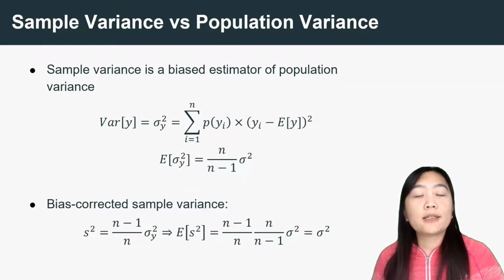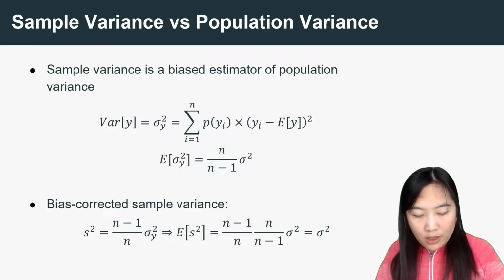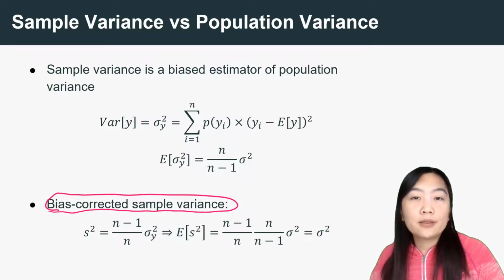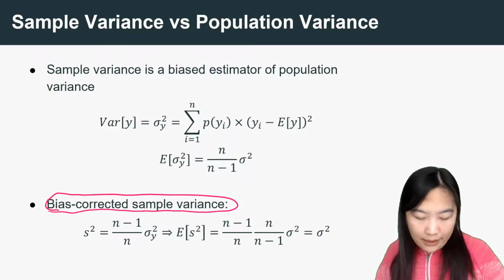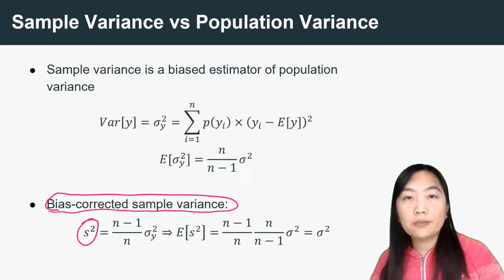Usually in statistics, if we want to correct that bias, we will define a bias-corrected sample variance, and you have probably seen this S squared, this small s squared, in your statistics books.